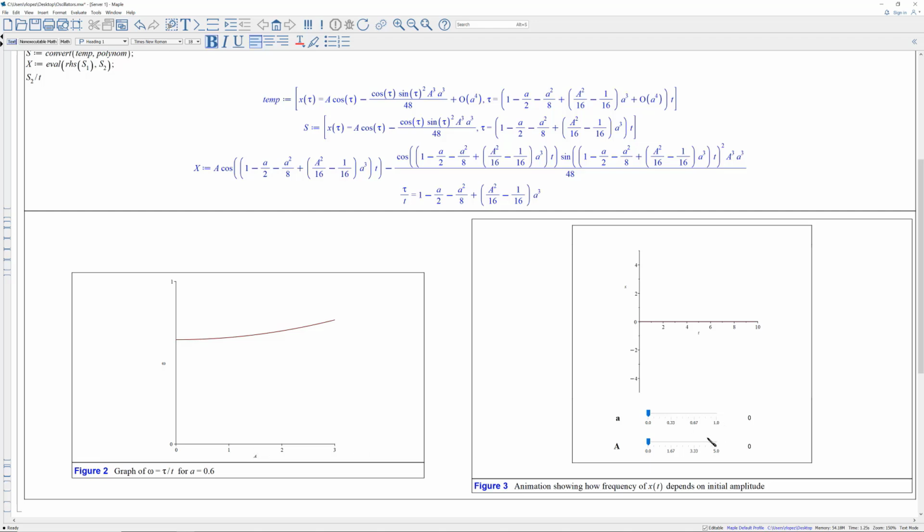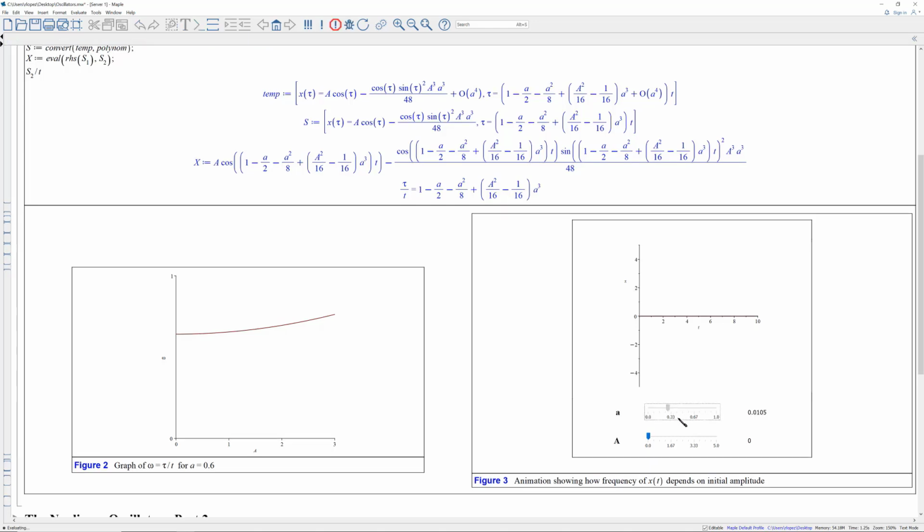And this is an animation of the solution x against t. And there are two parameters to play with. There is the value of the parameter little a, and there is the value of the initial displacement. And keep your eye on the shape of the graph, where it intersects the x-axis.